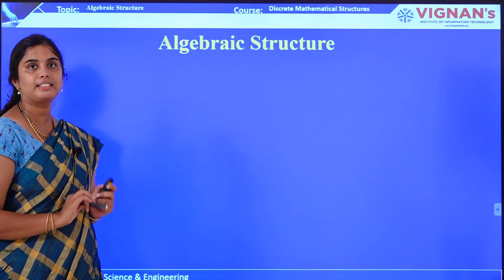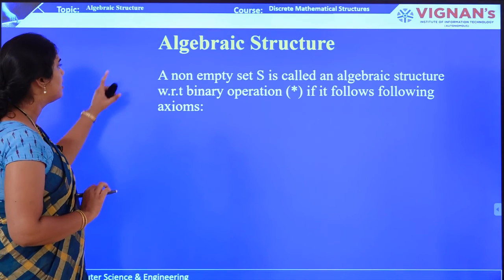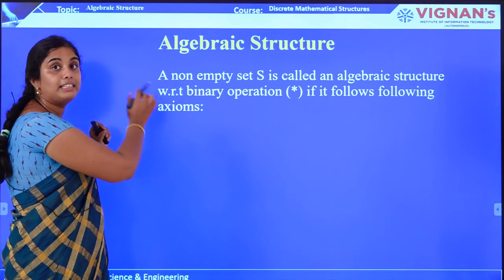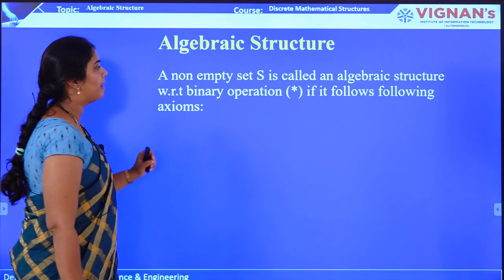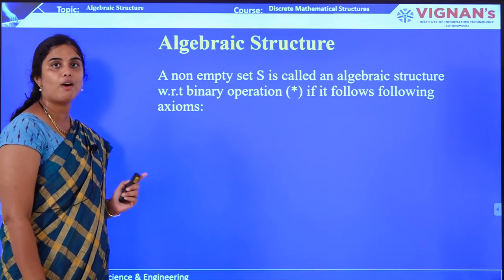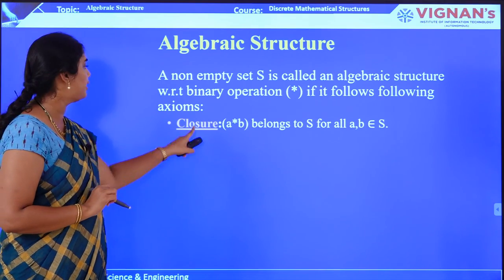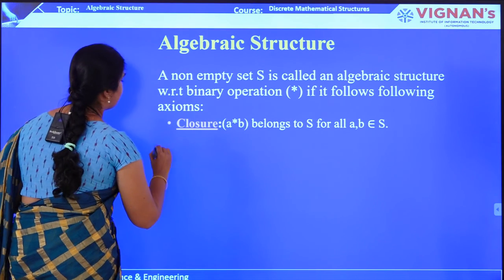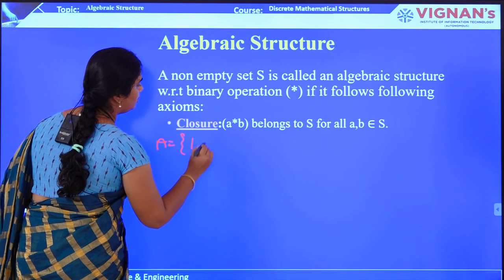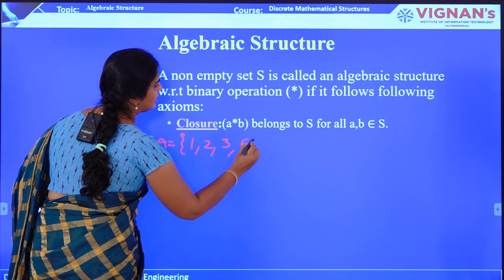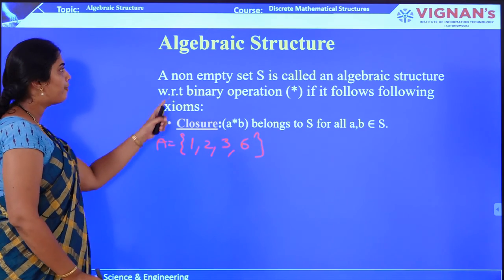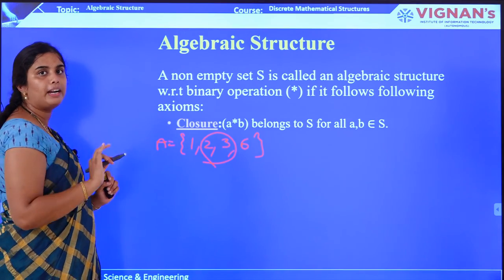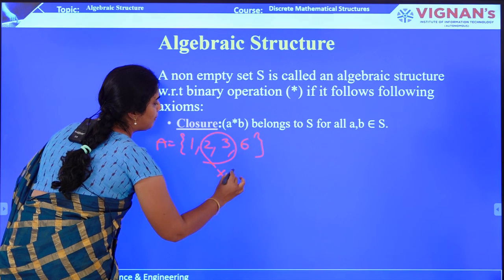Next, algebraic structures. What are algebraic structures? A non-empty set S is called an algebraic structure with respect to a binary operator if it follows the below axiom. What is this axiom? It should obey the closure property. That means if set A contains 1, 2, 3, 6, suppose, and you are performing the binary operation between 2 and 3, and the binary operator here is multiplication.